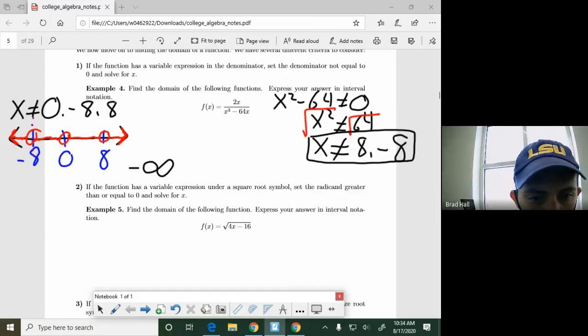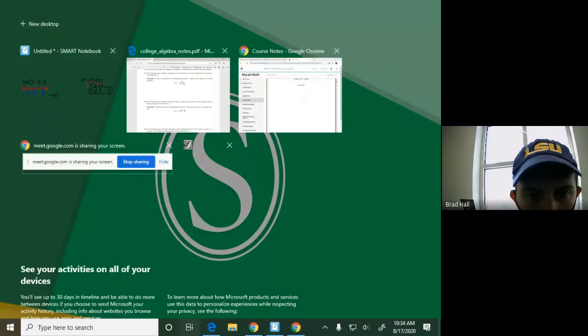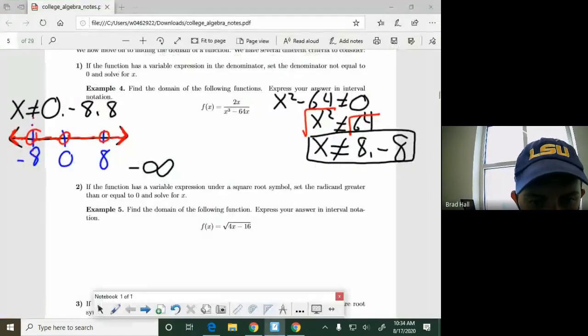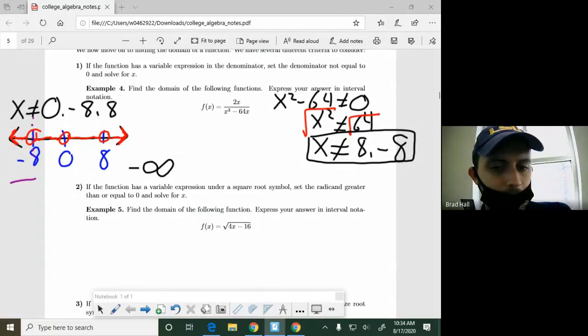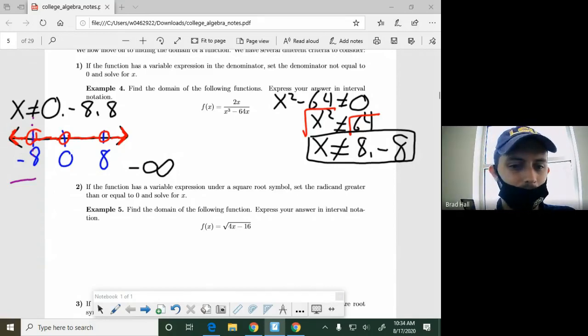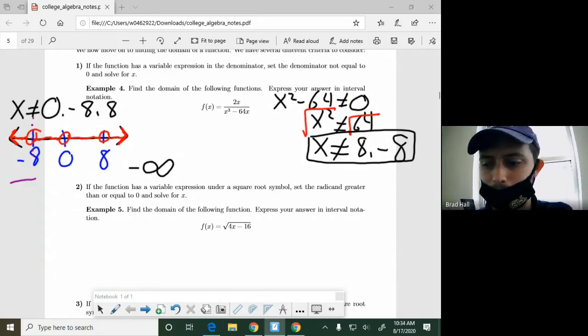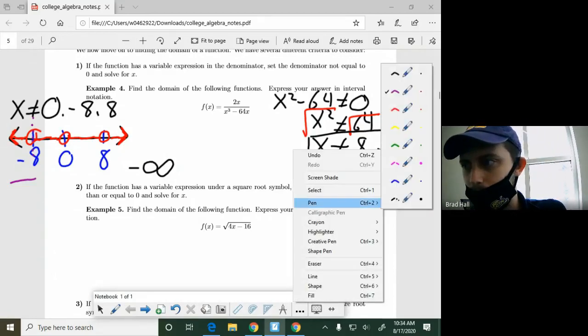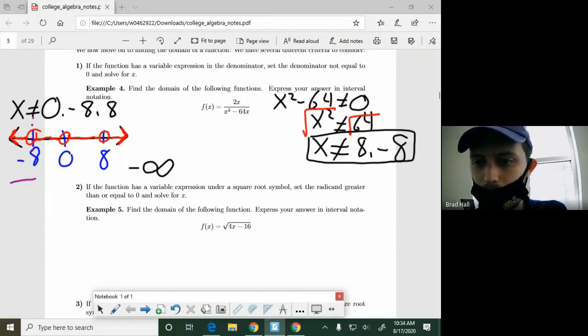I'm going from left to right, and I'm going to stop whenever there's some sort of situation going on. -8, there's a situation going on. So the furthest left I was going was -infinity, and then I have to stop at -8. So I'm stopping at -8.